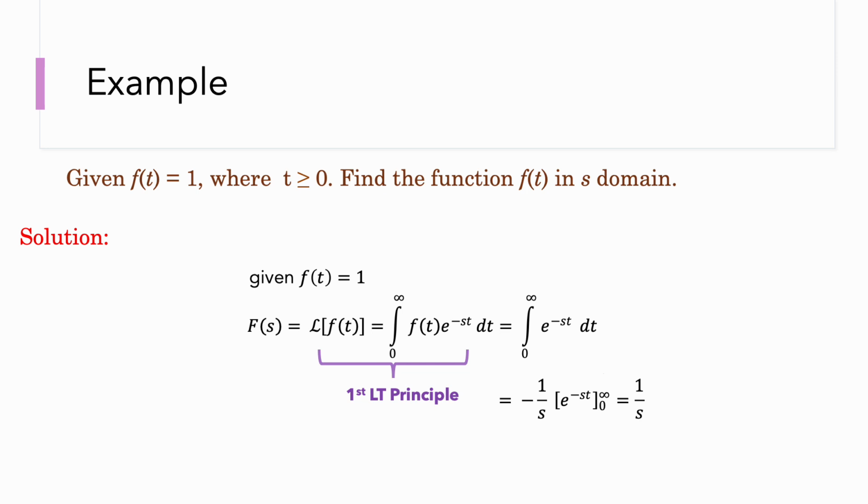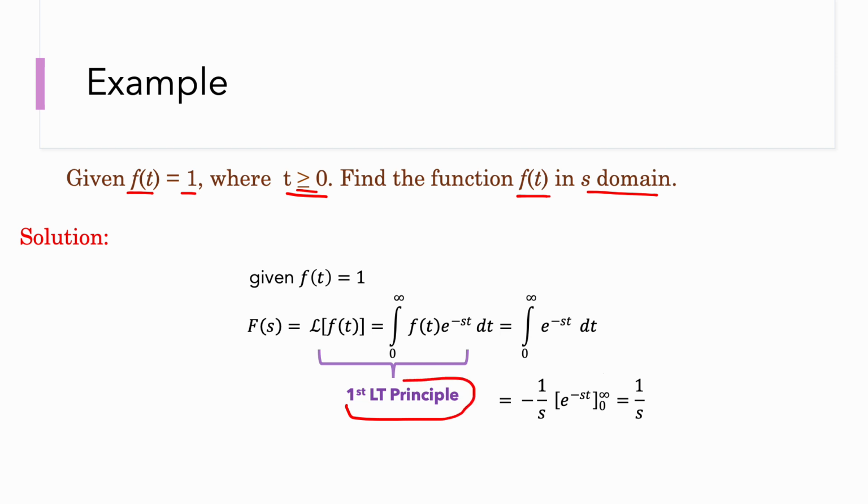Now let's look at an example. Given f(t) equals 1, where t is in the positive range, larger than or equal to 0, we need to find the function of f(t) in the S domain. For the solution, we are going to use the Laplace first principle.